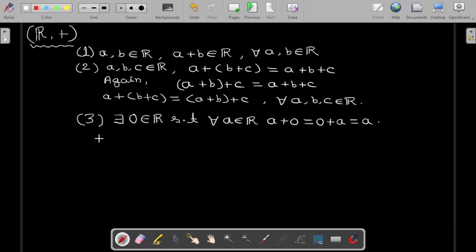Move on to the fourth property, to find the inverse of any element. The inverse of any element with respect to addition is the negative of that one. So the inverse also exists.